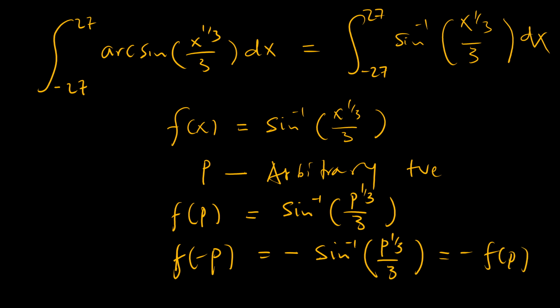So this is all really not needed, but what we are learning here is that every positive number in the x domain has a corresponding number in the negative domain of equal magnitude that gives the same image f of p but of negative sign.